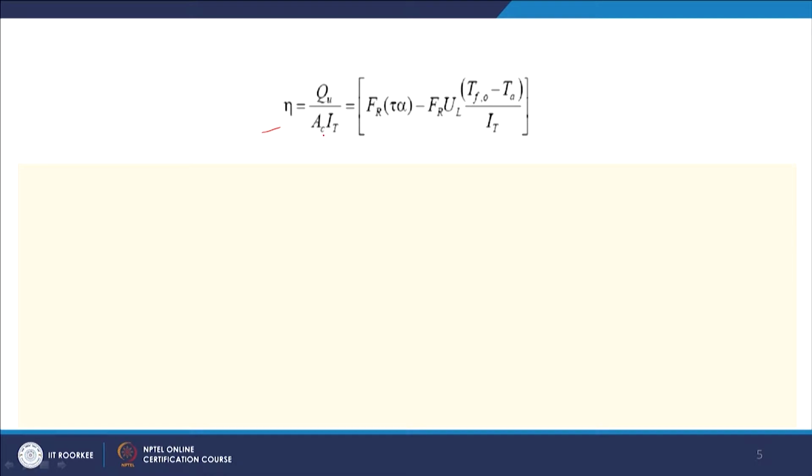So, that we have discussed, and Q can be presented that way. By simplification, the efficiency is equal to Q by AC by IT, as in the previous slide. That is equal to FR tau alpha minus FR UL (TFO minus TA) by IT.